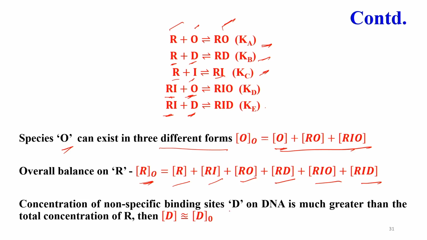So, the concentration of non-specific binding site D on the DNA is much greater than the total concentration of R, then we can write D equals D naught. So, we are ignoring here for the time being RD and RID.